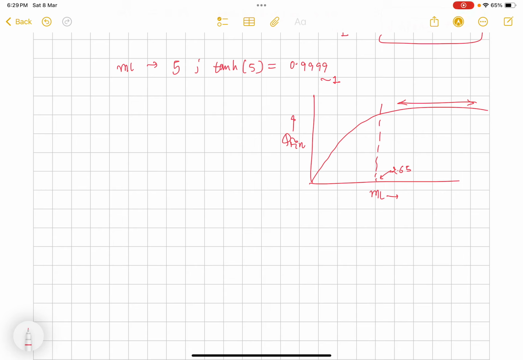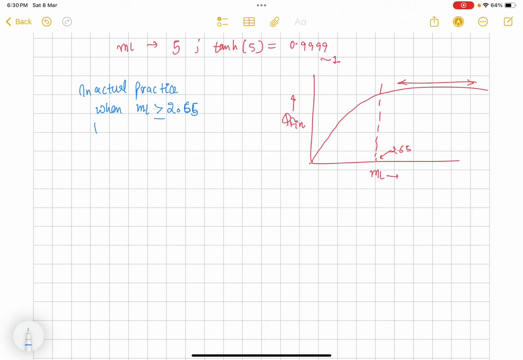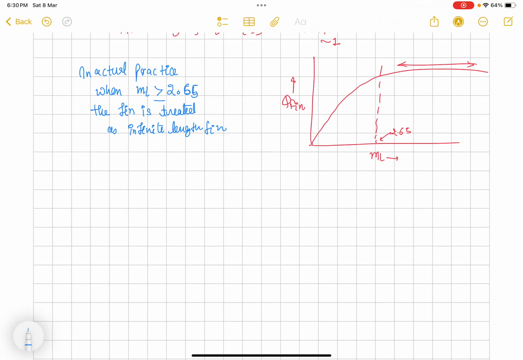In actual practice, when ml is greater than 2.65, the fin is treated as infinite length fin. Because the error between considering the fin as finite and infinite is very small.